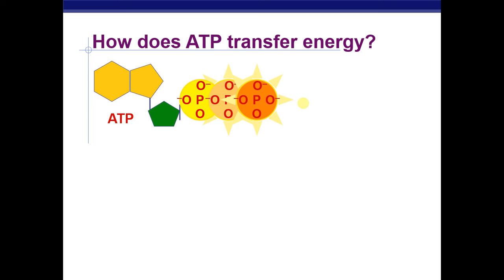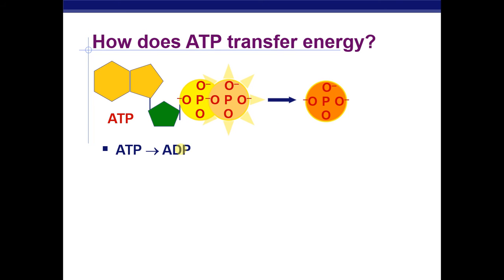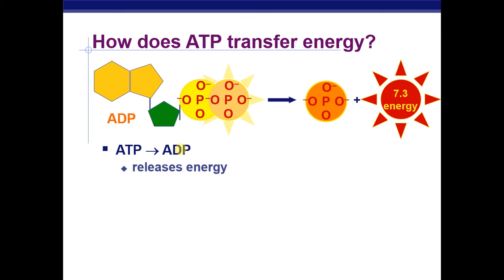So, how then do we transfer energy from ATP to other substances? First, when we go from ATP and remove a phosphate group to make ADP, it releases about 7.3 kilocalories per mole of ATP. It's a lot of energy.